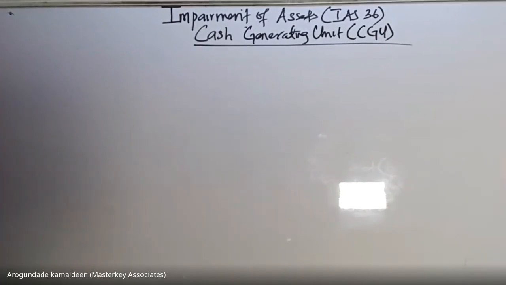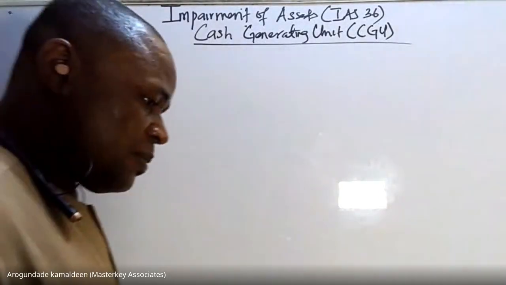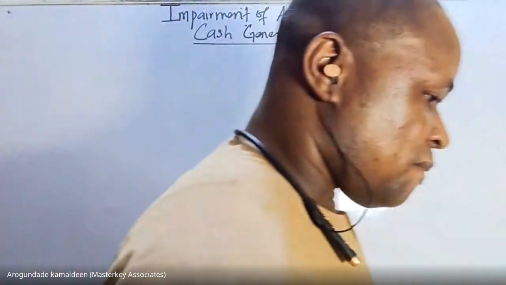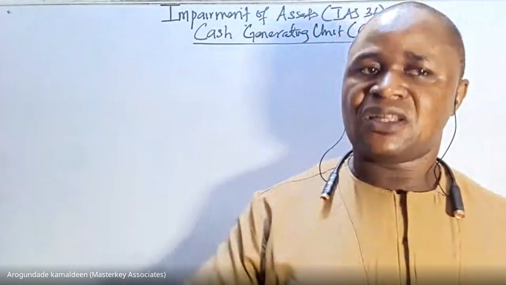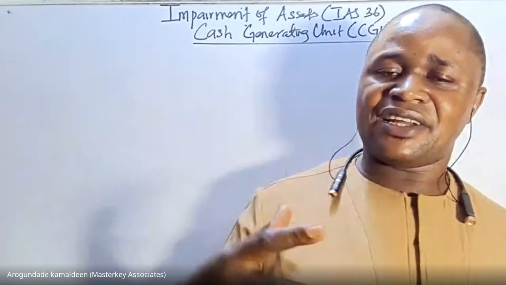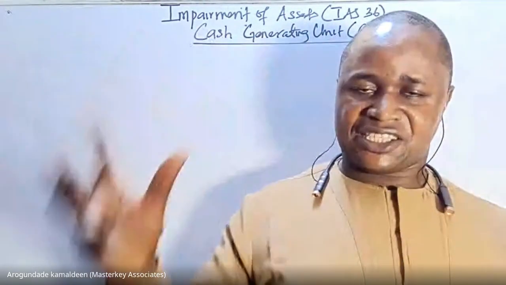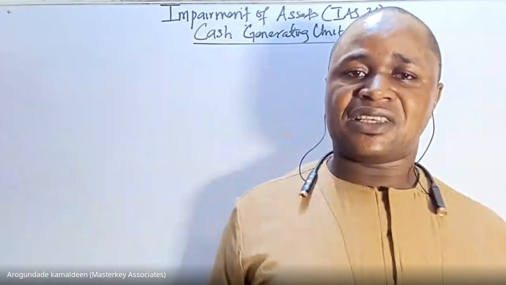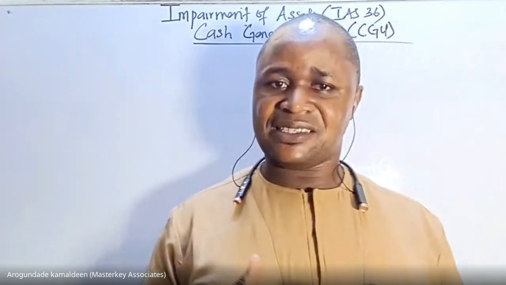Anytime it becomes difficult to determine the cash generated by a single asset, is that clear? Because we cannot determine the cash that is generated by a single asset, in that case we are going to subject the whole of the assets in that group to impairment test. Is that clear?